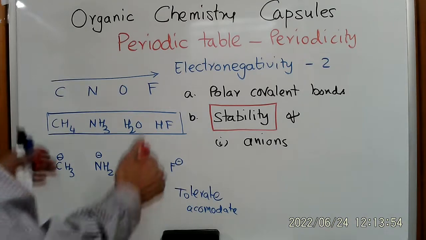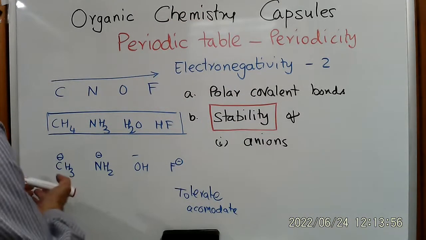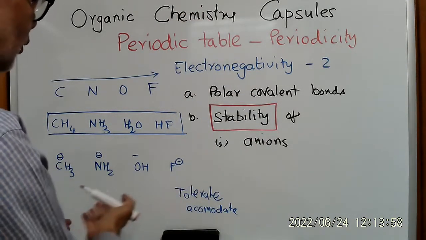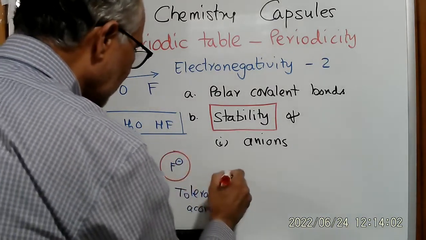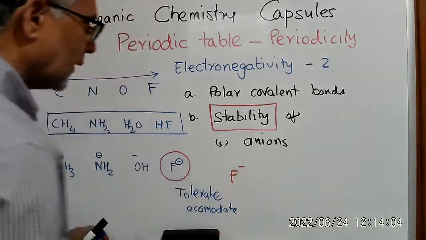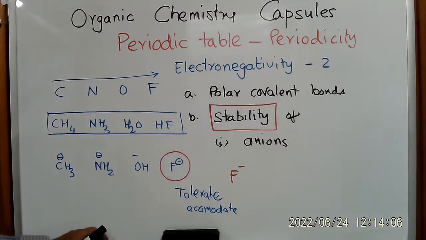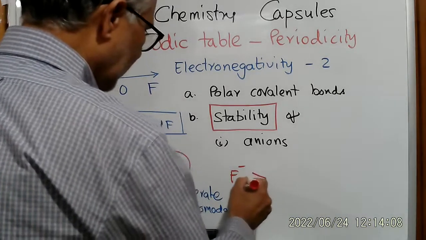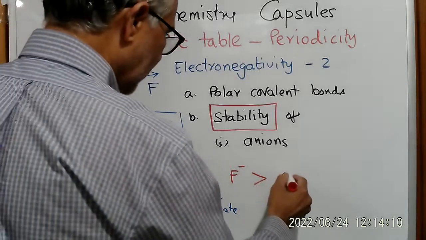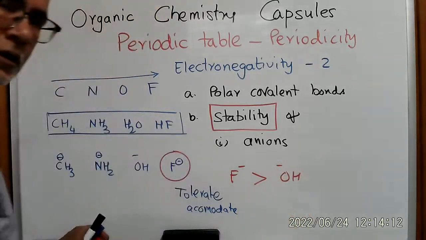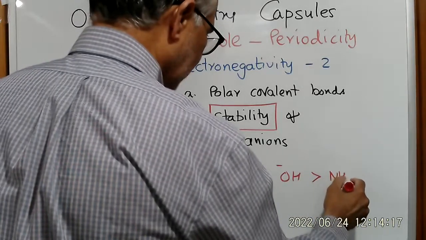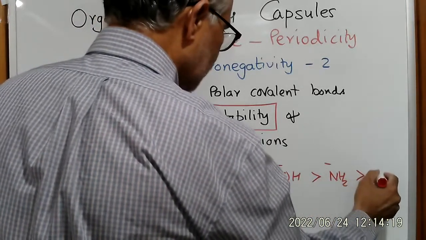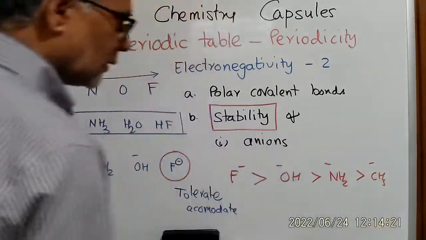We are invoking electronegativity to explain these ions. Which one is most stable? Fluoride is most stable because fluorine has the highest electronegativity. Fluoride is more stable than hydroxide. Hydroxide is more stable than amide, NH2 minus, which is more stable than the carbon ion.